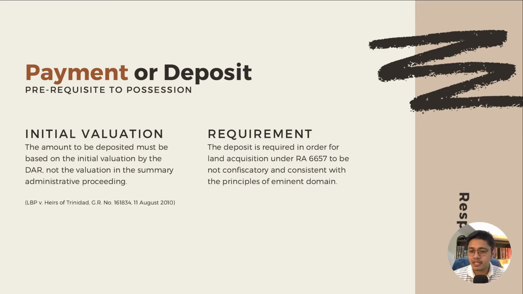The initial valuation by the DAR after having confirmed the circumstances of the land, and based on the data and information that they have on the covered land. All right? Because the valuation through summary administrative proceedings will have to come after. Okay? After the payment or deposit.